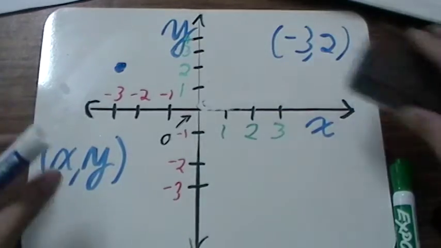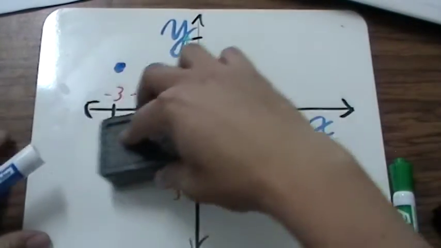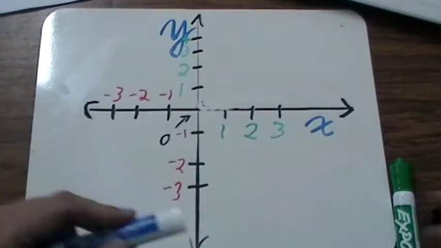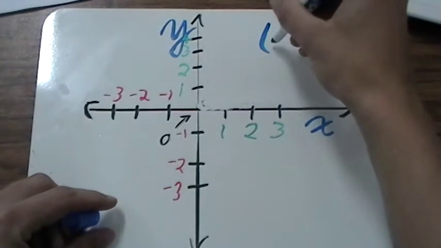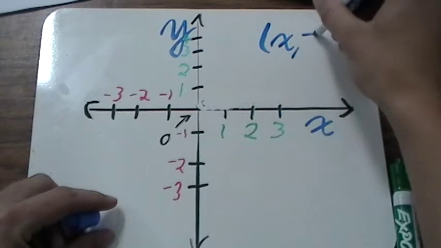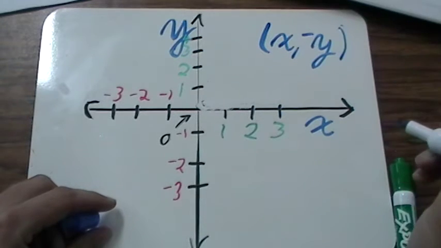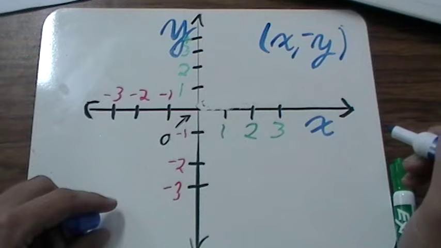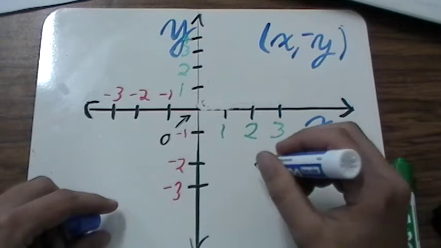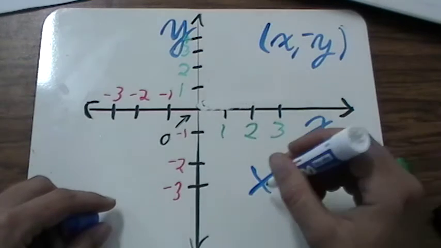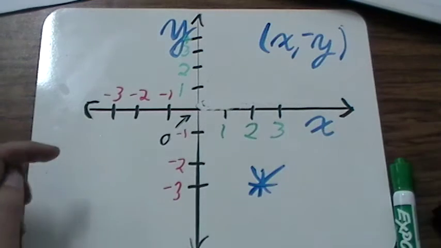All right, so what you're finding out is if I have a number where the first number is positive, but the second number is negative, it's going to go into this quadrant. That's just supposed to be a star.